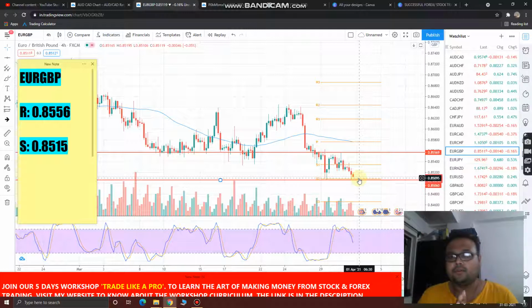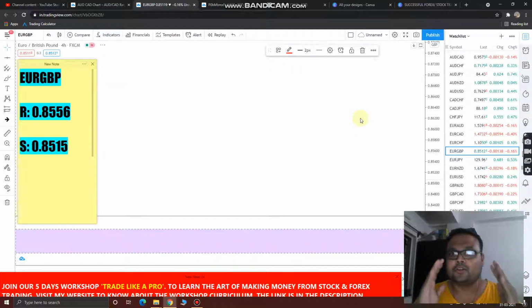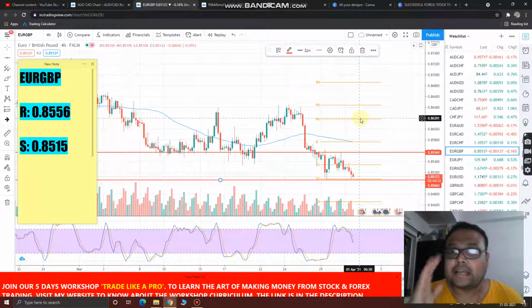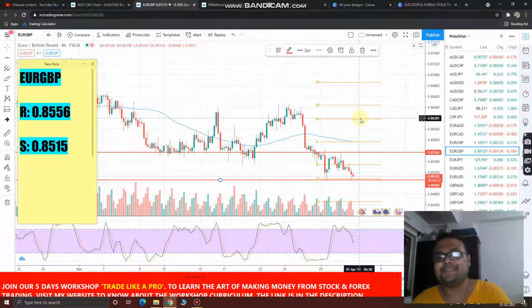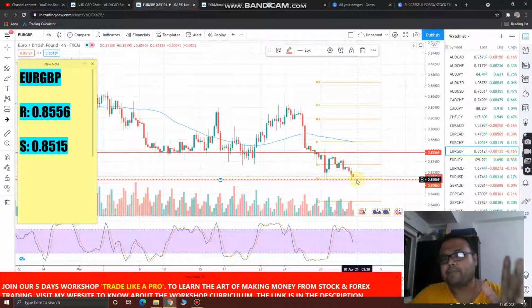Until the market crosses this level with a great amount of volume, just avoid it, because it's your hard-earned money. You should not risk your hard-earned money in a chart that you do not understand. Simple. And there are multiple currency pairs available where you can make money. So wait for the pair to cross this level with great volume. Observe the price. If you are convinced, then only short the market. Simple. So this is it.